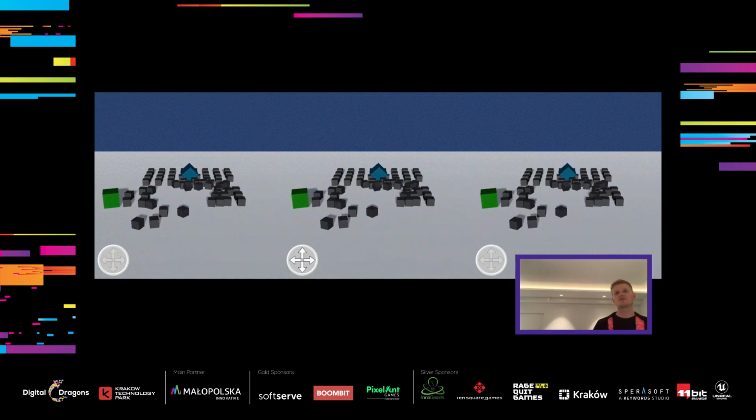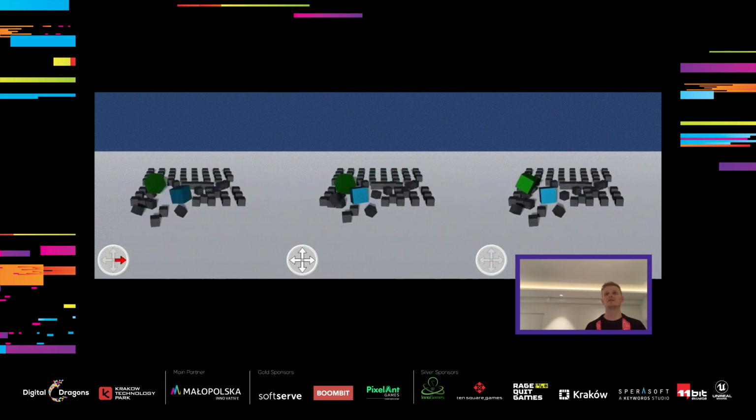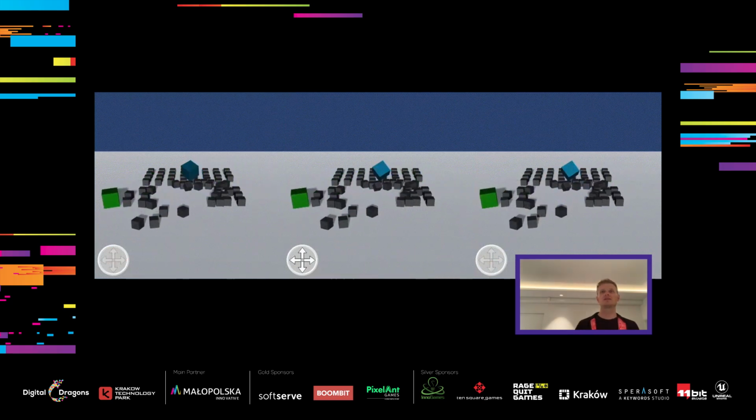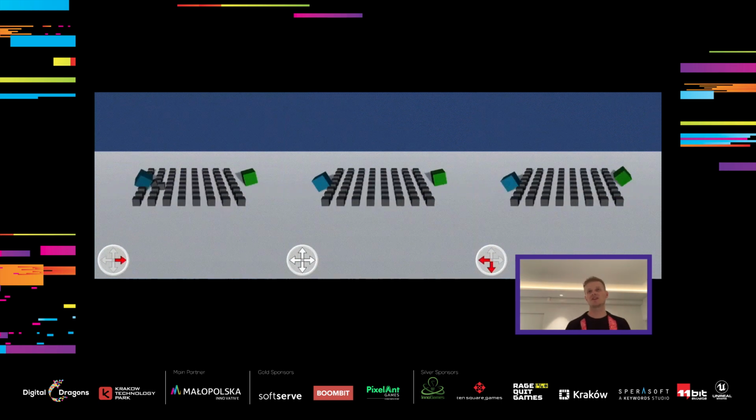Now focusing on the right, we have the green cube client. They send their inputs and they predict their state into the future. However, when the collision happens, there's some jitter, and that's because of reconciliation kicking in.